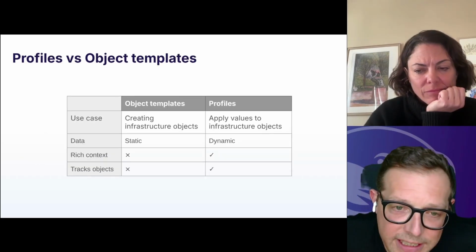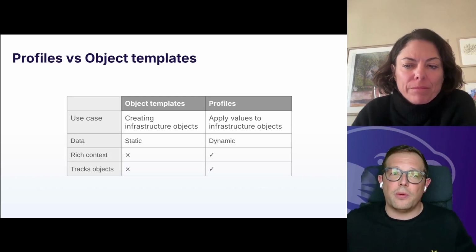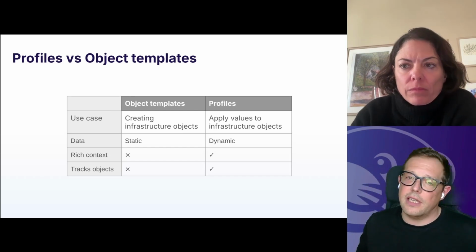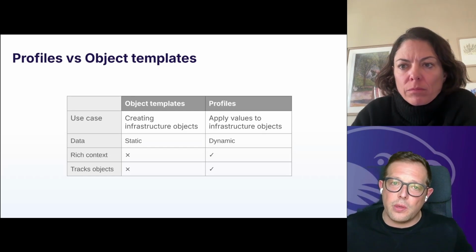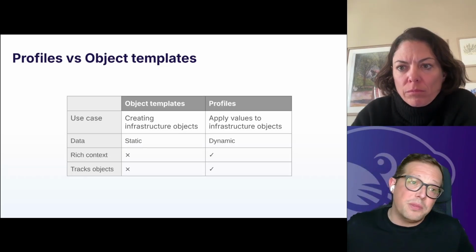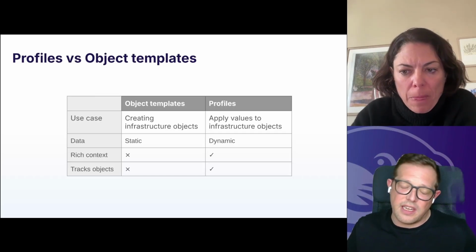One important distinction that we have to make is the difference between profiles and specifically object templates within Infrahub. Infrahub has another feature which we call object templates. And when you look at object templates and profiles, it could become a little bit confusing.